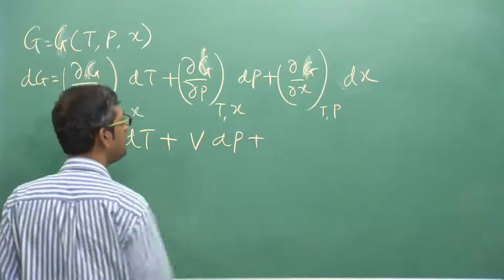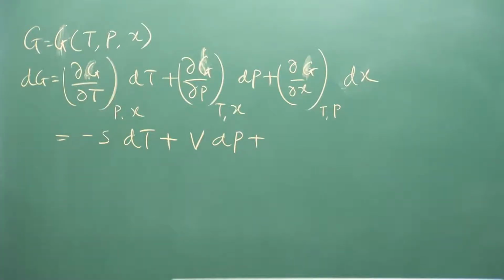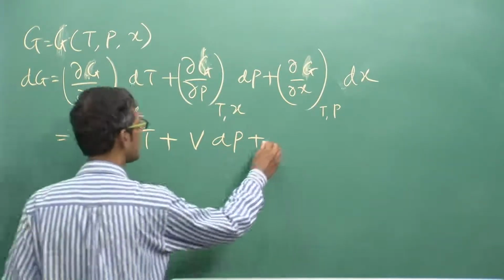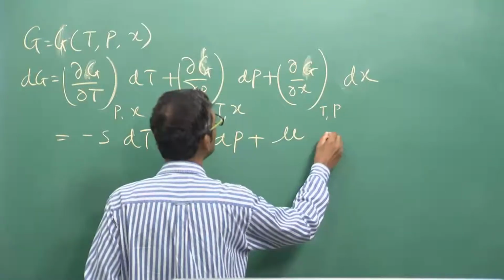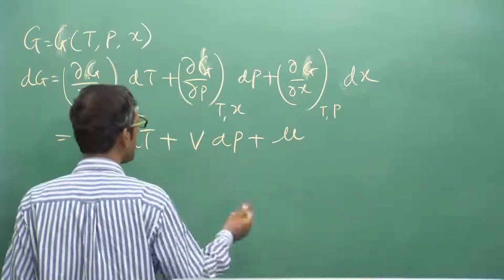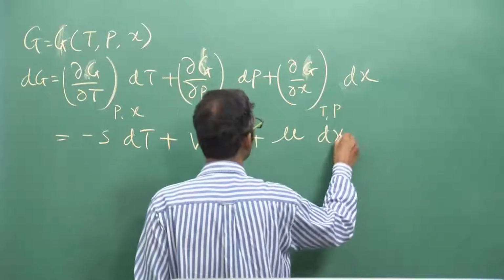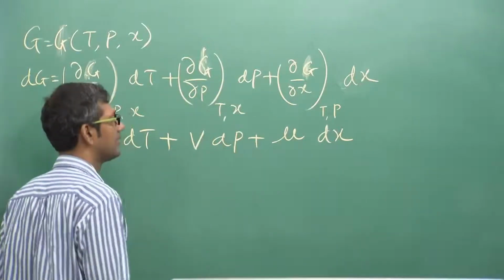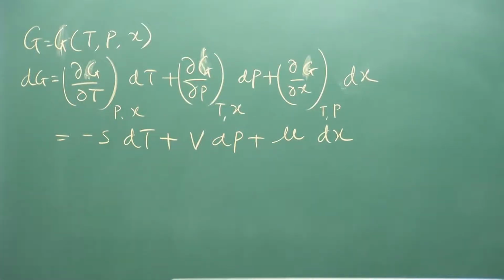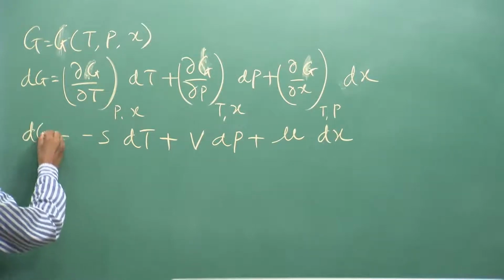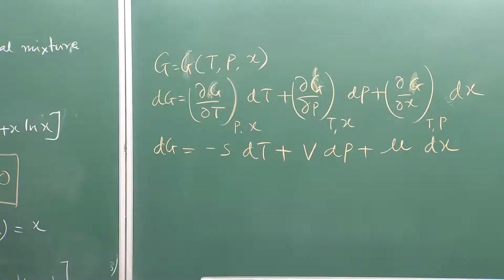What about this term? This term is what is known as the chemical potential, which we have been discussing. This is mu of any component multiplied by dx. That is what we write. So that is the total change of free energy.